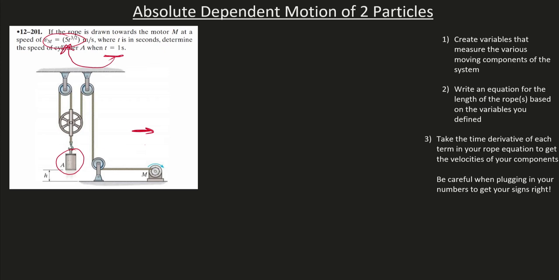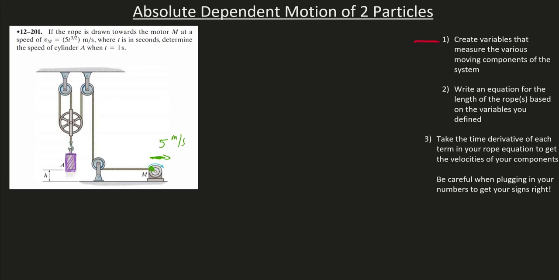T is 1. 1 to the 1.5 power is just 1. 1 times 5 is 5. So really, this just means that, let's just say this point on the rope is moving this way with a speed of 5. And we need to determine the speed of the cylinder A. And I'm pretty sure it's going to be going up.